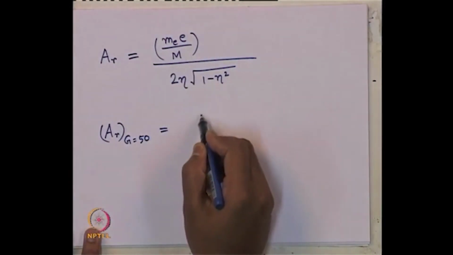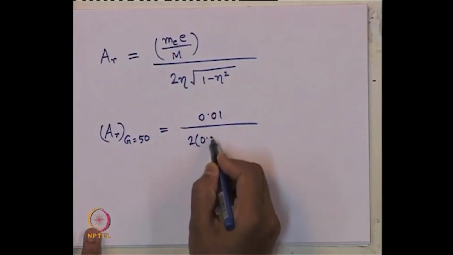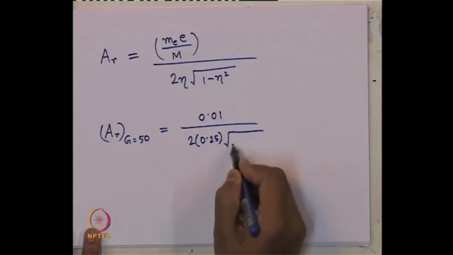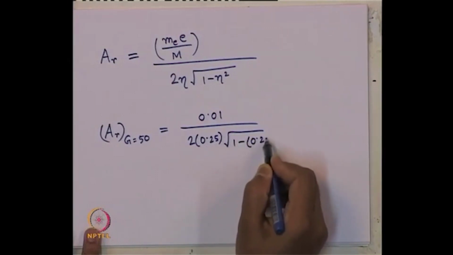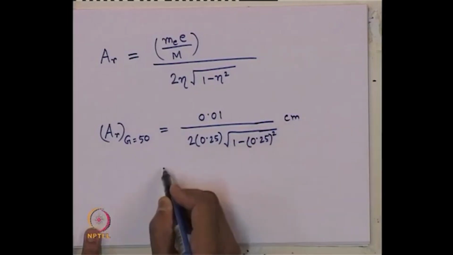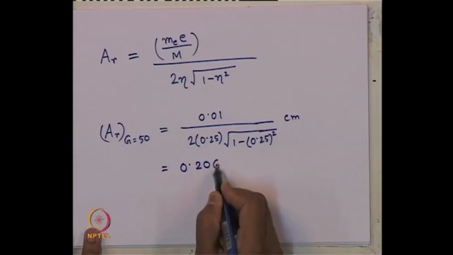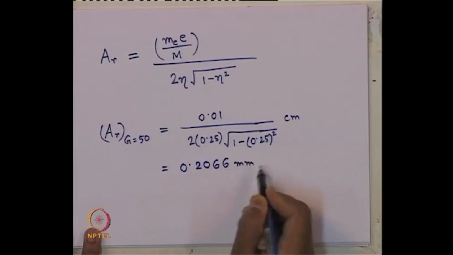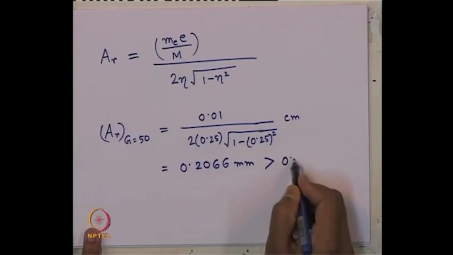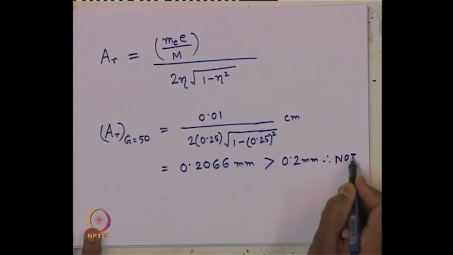This value is 0.01 into 2 into 0.25 root over 1 minus 0.25 square. So much of centimeter, it is coming 0.2066 millimeter, which is greater than 0.2 millimeter, therefore, not okay.